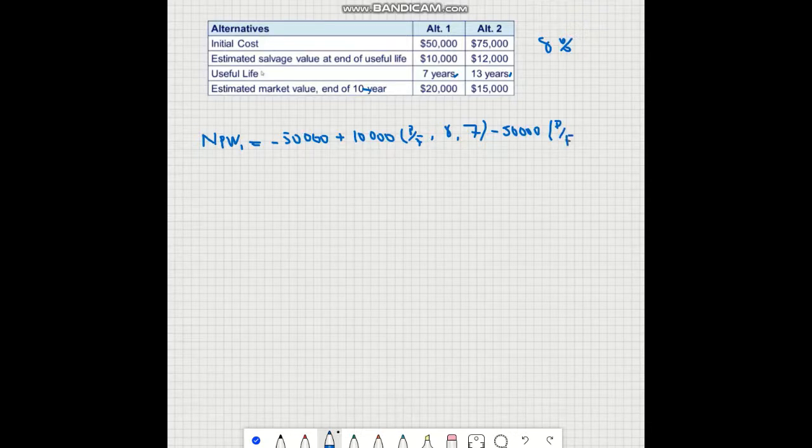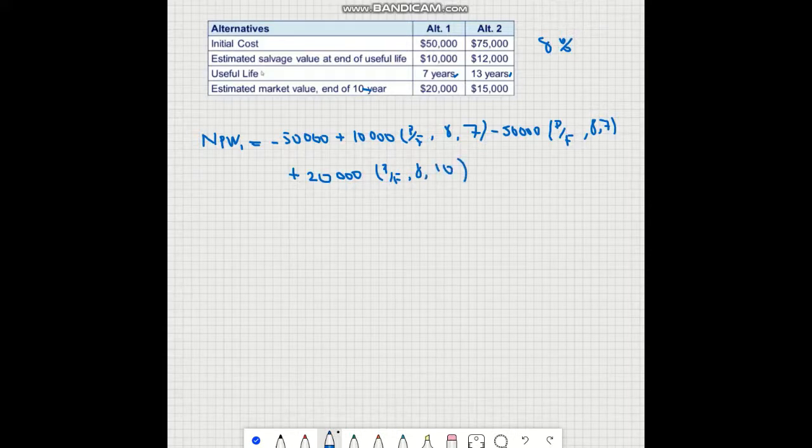It's the same thing as this guy, 8% and 7 years. When we reach 10 years, it's going to be 20. We are going to get 20 because it's no longer salvage. It's the 10-year market value of this guy. So second hand, 20,000 we are going to get. So we need to multiply by P over F again, 8% and 10 years right now.